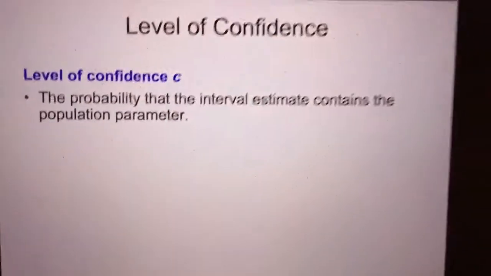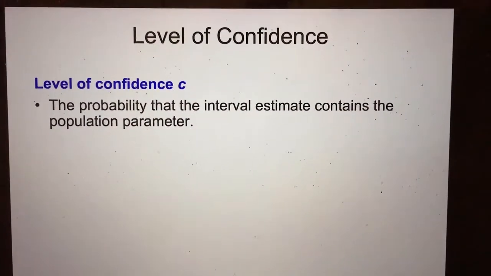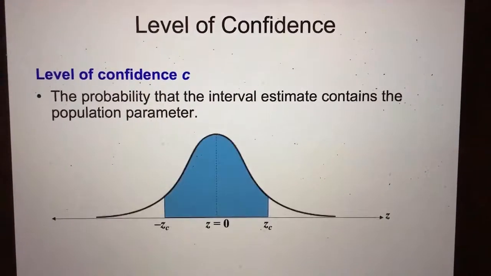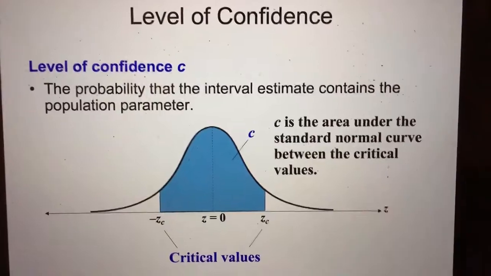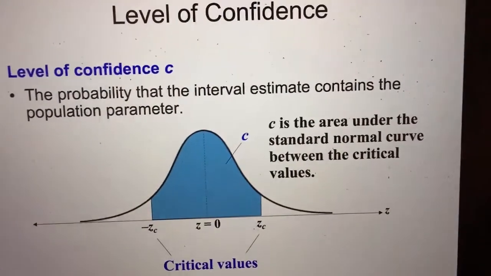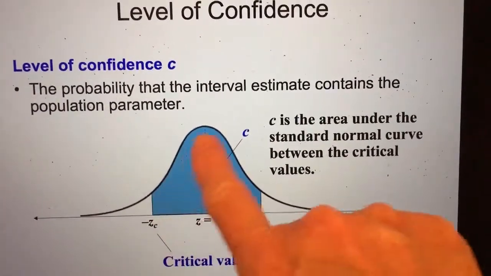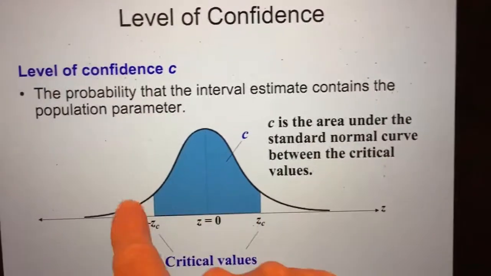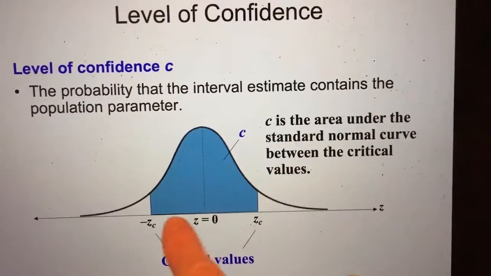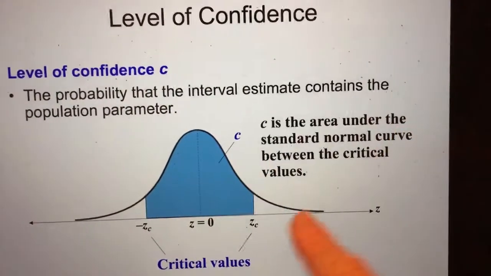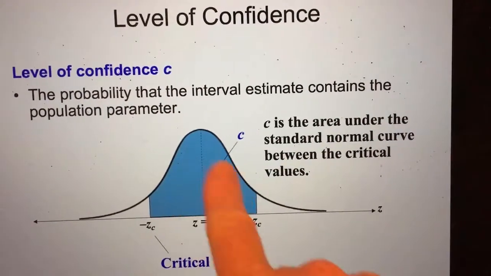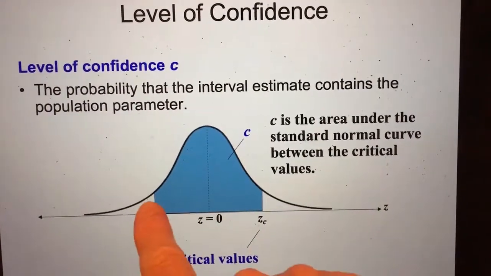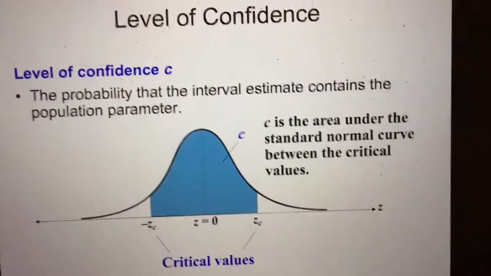Okay, so we have our level of confidence. We talked about that in 7.1. Okay, and we have the same type of thing going on here. The confidence level is the part that's under a two-tailed curve. It's the part that's in the middle. So then remember, 1 minus the confidence level is the alpha, and so the alpha must be split into the two tails.